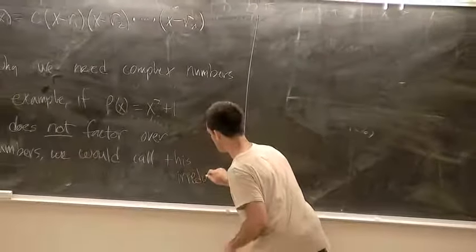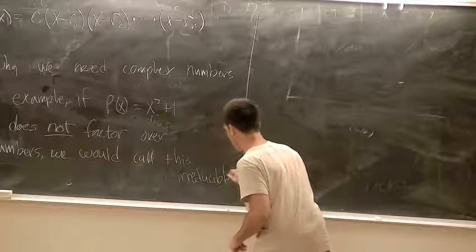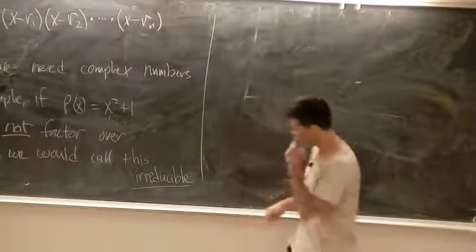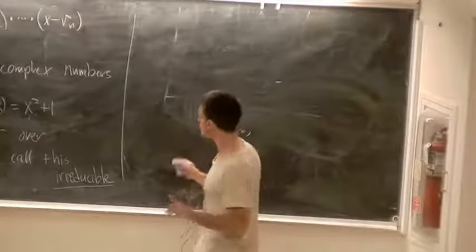I'm going to use that term later on today. I'm going to come back to the property of polynomials being irreducible. So that's what it's called when you can't factor it with real numbers.